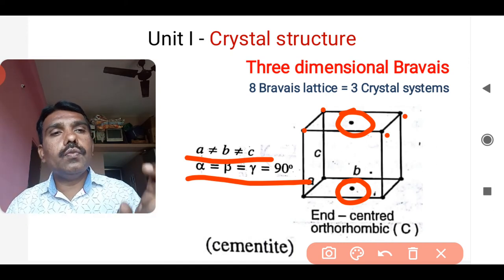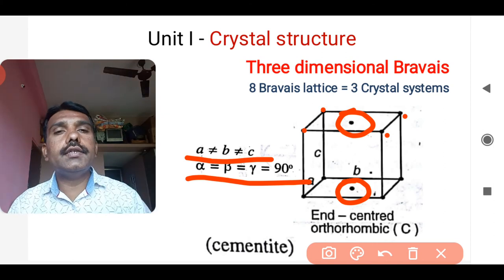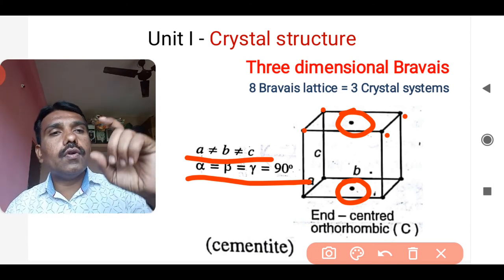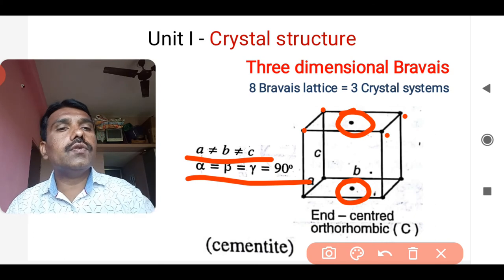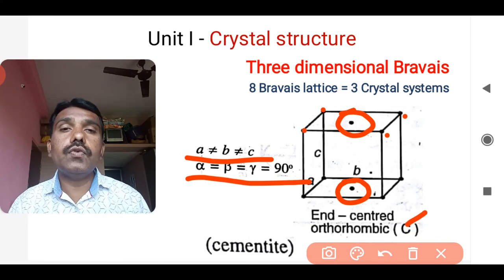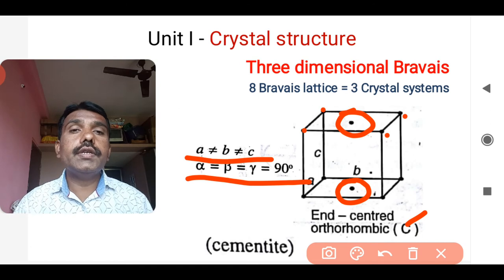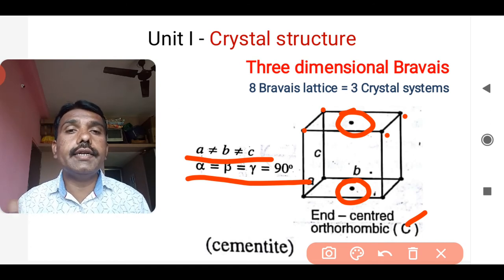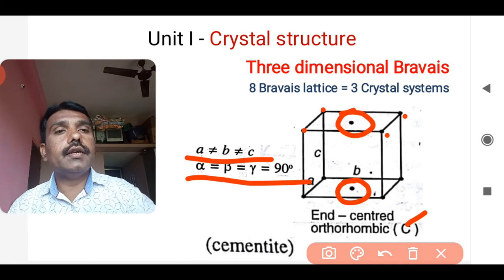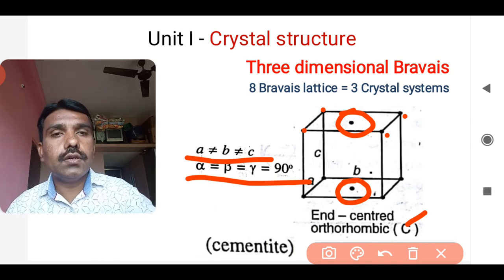Here in this case it is called end-centered orthorhombic. The two additional points are at the centers of opposite faces, such a pair, and that's why it is denoted with C. As we discussed at the beginning, A, B, C are the three symbols used for end-centered, that is top or bottom, left or right, front or back.